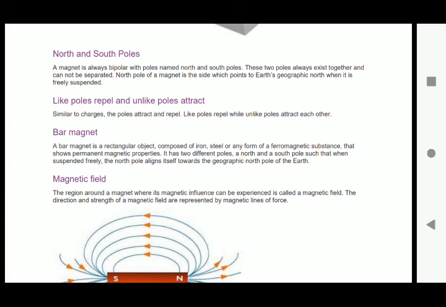I repeat, the space surrounding a magnet in which magnetic force is exerted is called a magnetic field. The magnetic field at a point is the direction of the resultant force acting on a hypothetical north pole placed at that point.